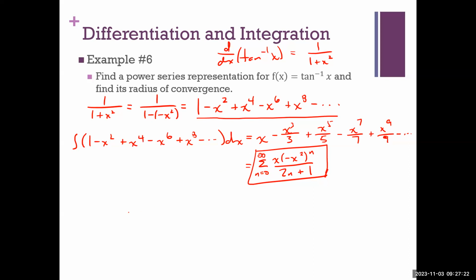We can look at 1 over 1 plus x squared. So this thing here, how can I determine for what values of x this series converges? What's going to tell us that?